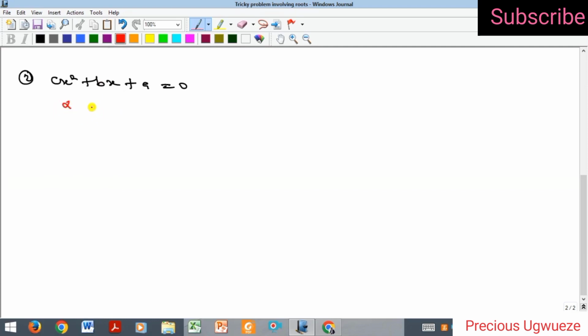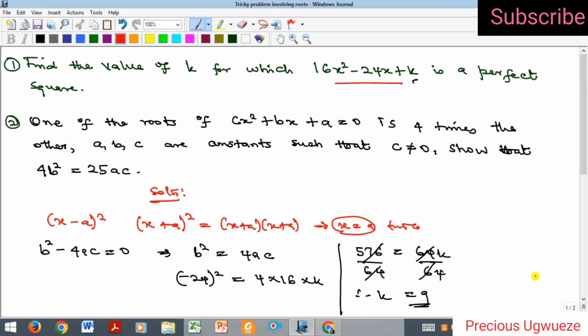That means that the second root is going to be 4 times alpha, so 4 times the first root. Let's go back to the question. They're asking us to show that 4b squared is equal to 25ac.